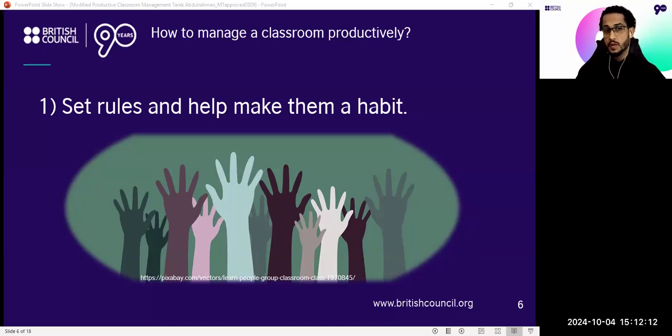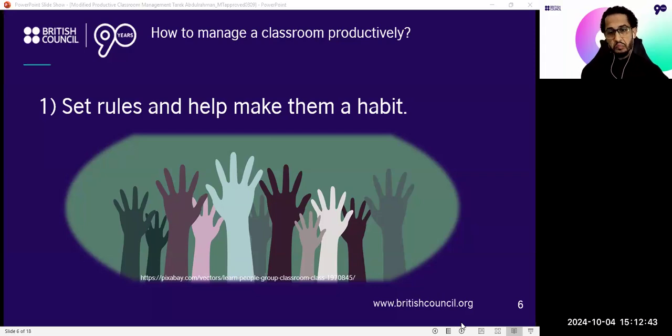If one of the students breaks or violates one of the rules, ask his peers to correct the rule or to tell him about the rule that he just broke. In this way, you're practicing social pressure on the student who violated the rule. In this way, you're making your rules a habit. So again, don't forget, after setting your rule, you have to make these rules a habit.